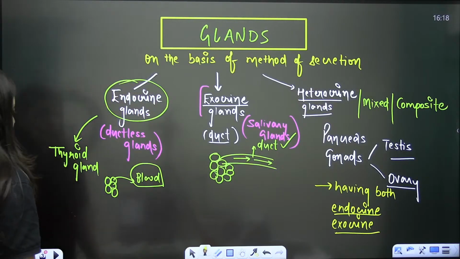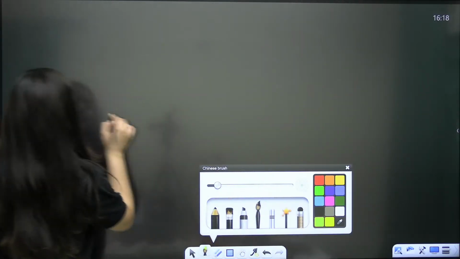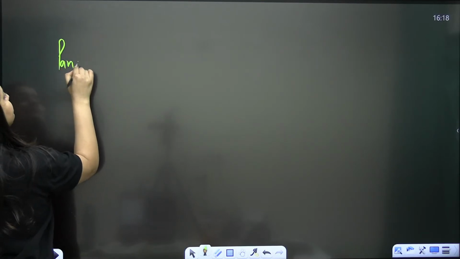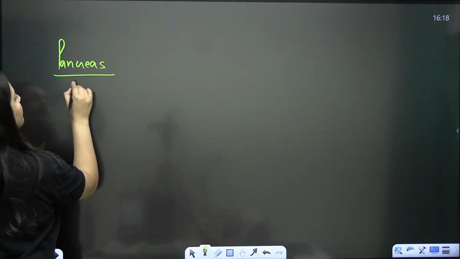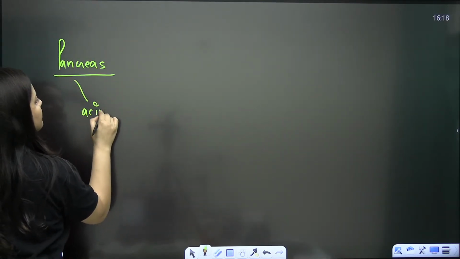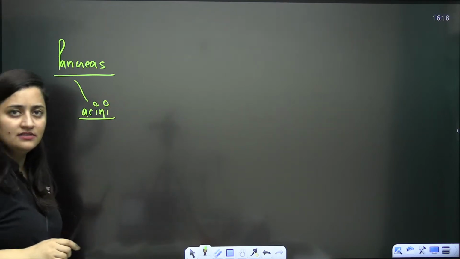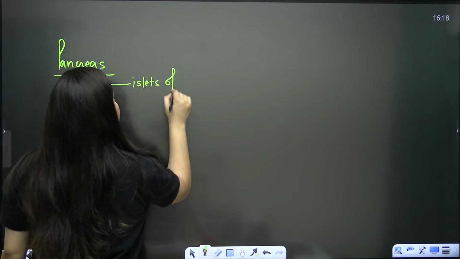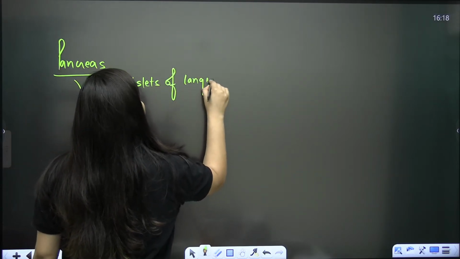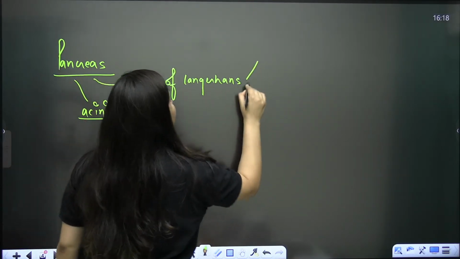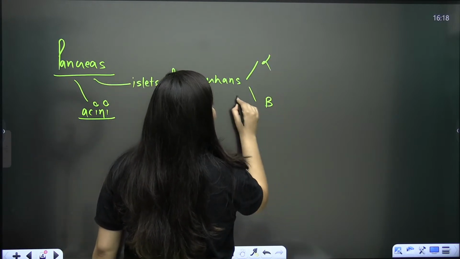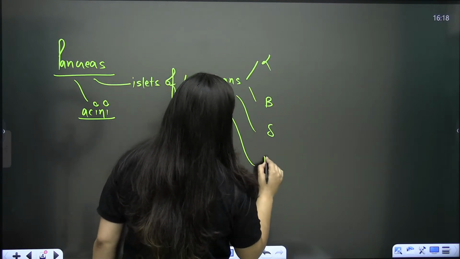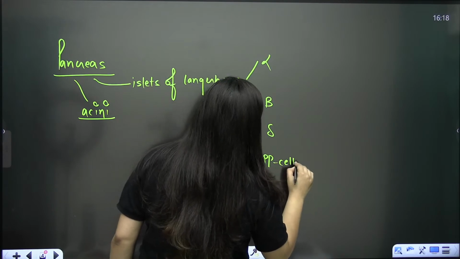Let me explain it. In the case of the pancreas, you remember we talk about the SNI, singular is SNS, and we talk about the islets of Langerhans. The islets of Langerhans have alpha cells, beta cells, delta cells, and pancreatic polypeptide cells.